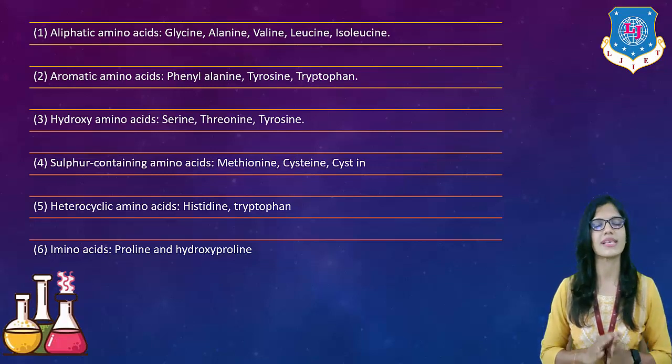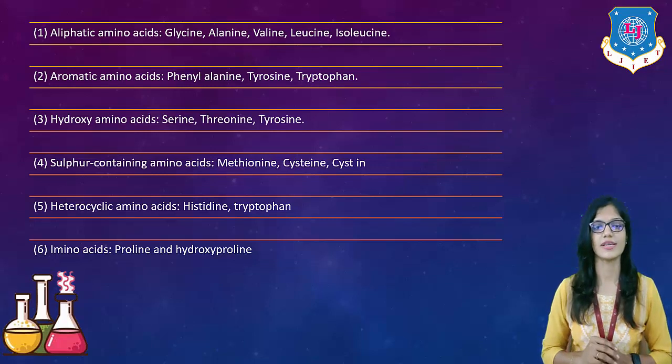The first one is aliphatic amino acids. For example, we have glycine, alanine, valine, leucine and isoleucine. So these are aliphatic amino acids.